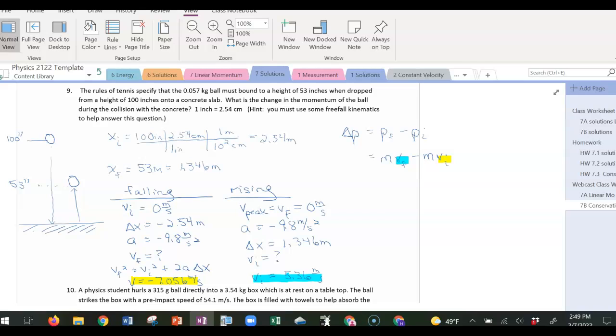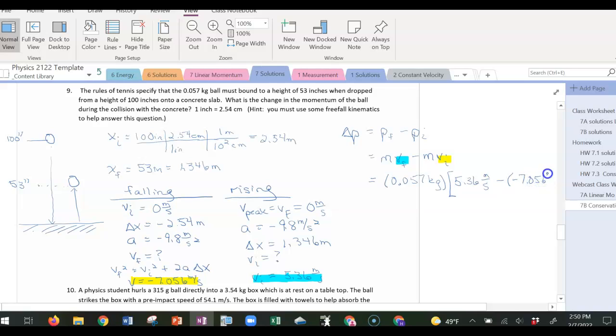Okay, so now I'm in a position to be able to calculate the change in momentum. It's going to be the mass of the tennis ball. Thankfully, they gave that to me in kilograms, 0.057 kilograms. The final velocity in this situation was the rising velocity, which is 5.36, but it started at an initial velocity of 7.056.